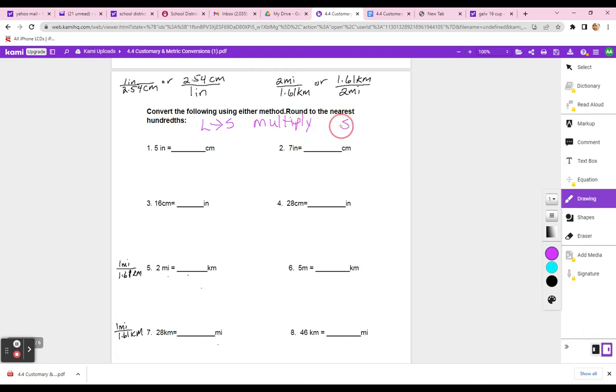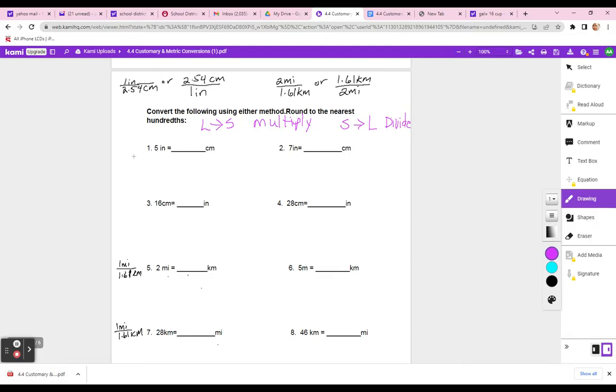If you go from a small unit to a larger unit, you're going to need to divide. That's the general rule. Okay? If you remember it, fine. If you don't, it's not going to be a problem because we're going to write everything out. We're going to show the conversion factors that we're using, and you're not going to have a problem if you don't remember these two facts.